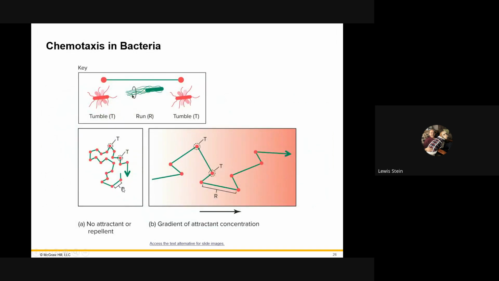So like here, if there's no attractant or repellent, there'll be motion, but basically motion that's not necessarily going anywhere. And again, not all bacteria have the ability to move independently. A lot of them move by air and water currents. They're just in there, they move. And here, this is run, tumble, run. You're getting from point A to point B, but it's not like you and I walking to the door to leave the classroom.